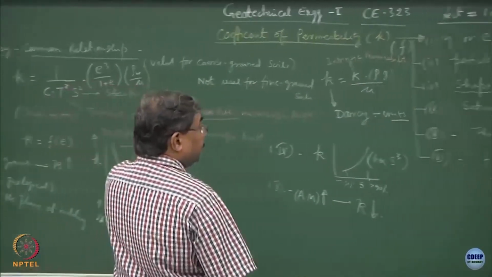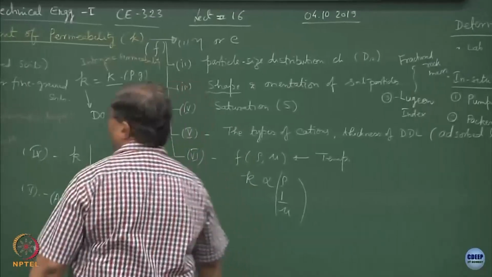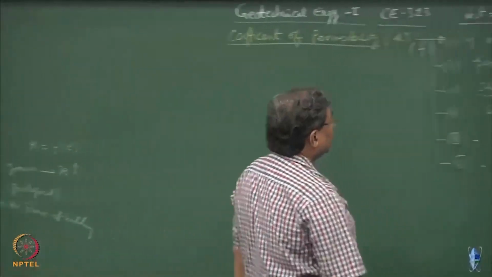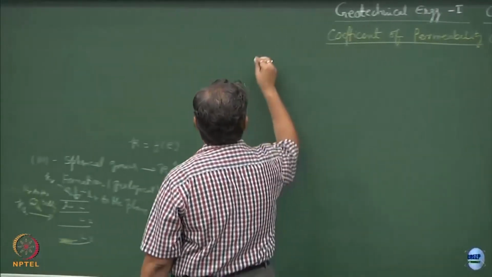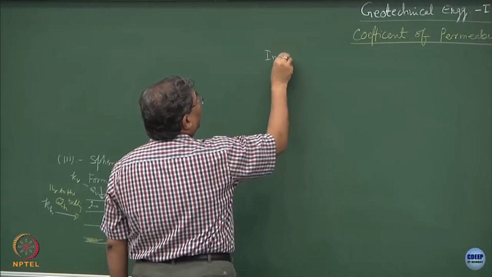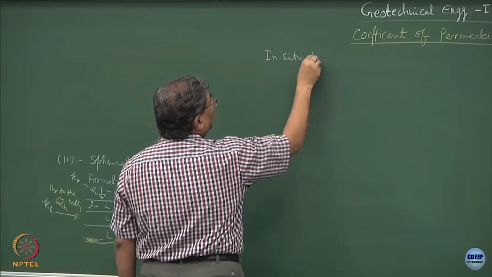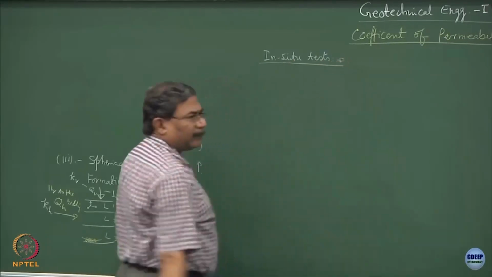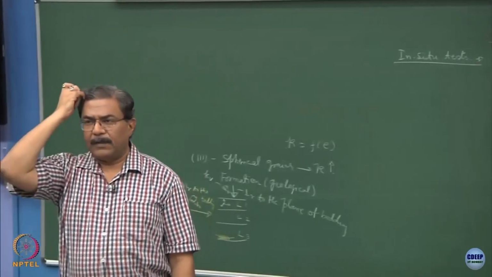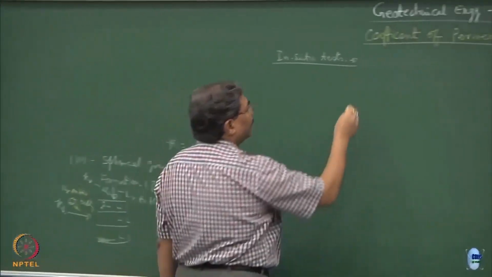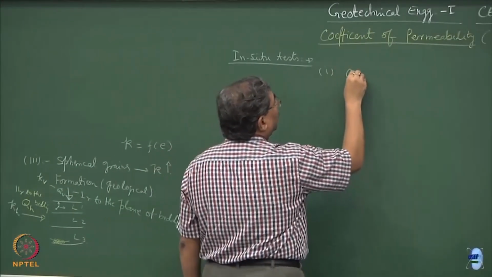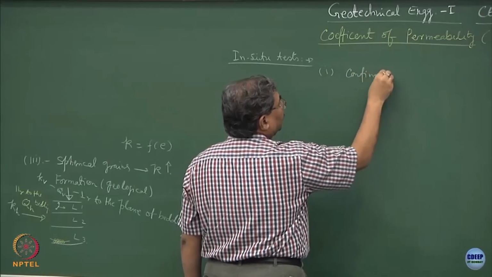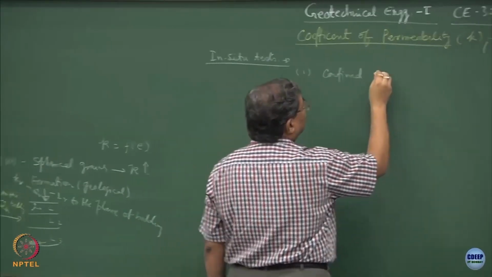Alright. So, let me take up now some in situ tests. When we talk about the in situ test, we have to be very particular about what type of aquifer I am working in. This could be the confined aquifer. In your hydraulics course, I am sure you must have studied this.